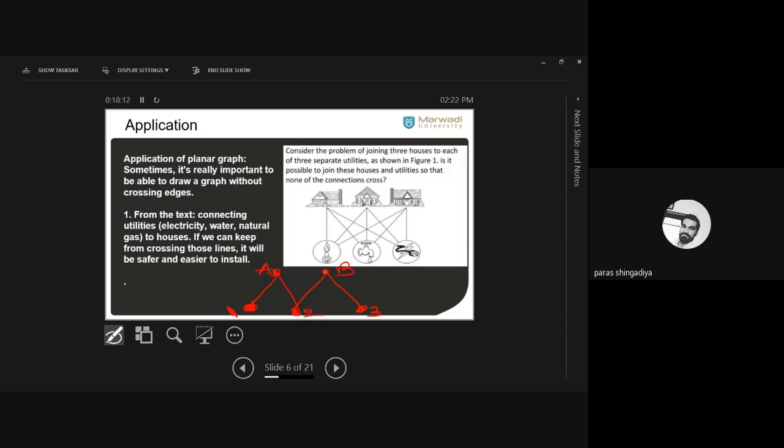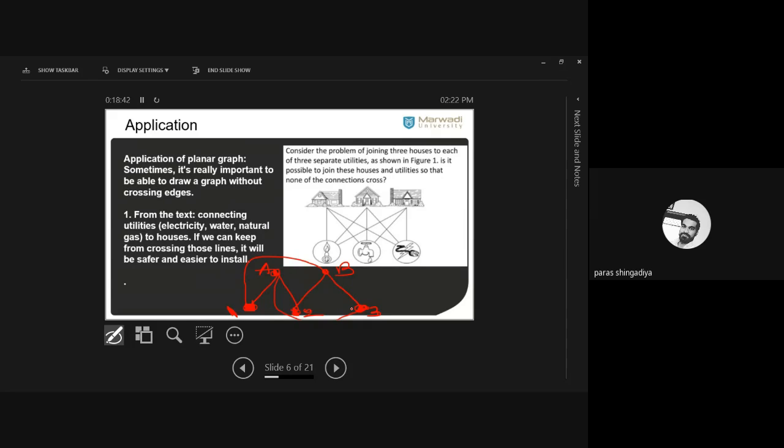Which connection? 1 to the B. So I will connect via the upper part of the graph to B. Then A to the 3 is remaining, so I connect from the below direction. Now you can see that all 3 utilities are applied to both houses.